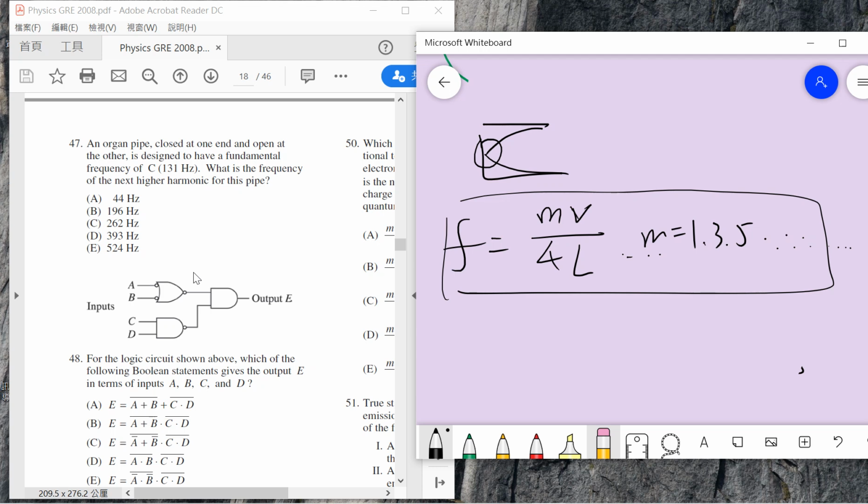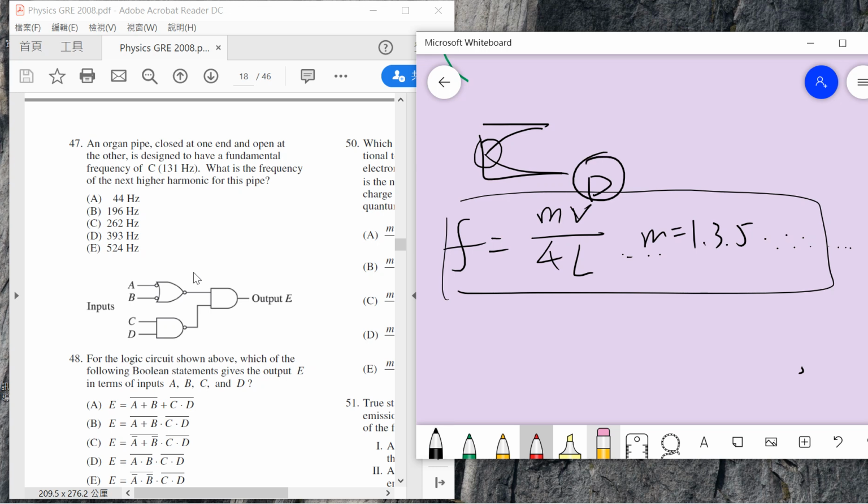M is an odd integer, and the frequency has this form, closed at one end and open at the other. Basically, this is the situation we have. What's the next? The next is 1 to 3 times 3. So the answer is D. The answer is D.